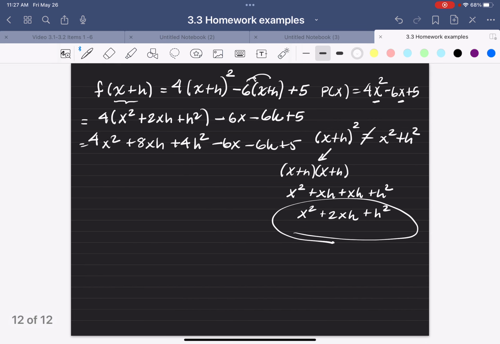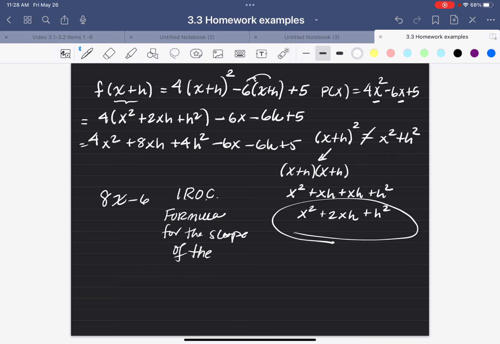And 8x minus 6 in this case is our instantaneous rate of change, which is actually a formula for the slope of the tangent. That's something happening at just one specific point, and it's at any x value.